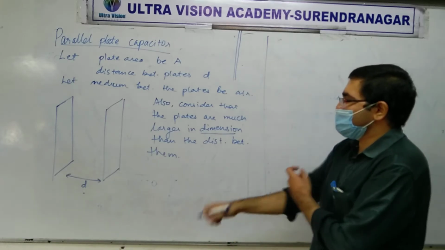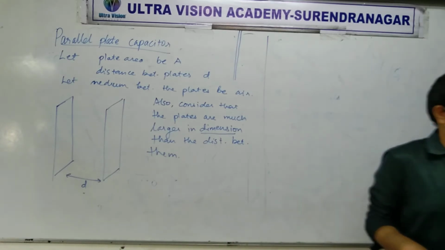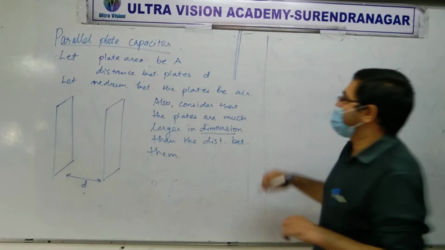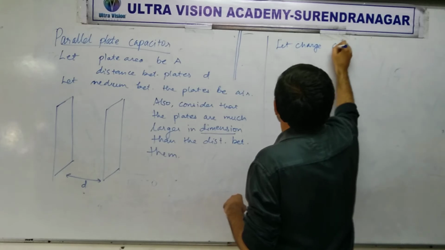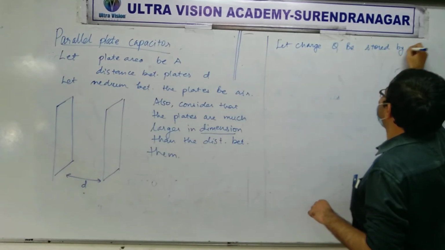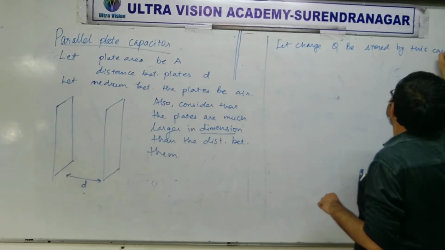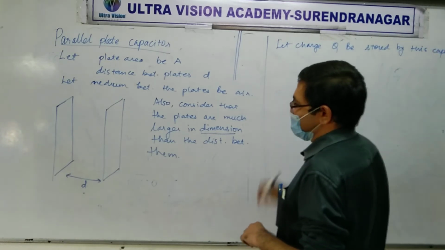Okay. Now what to do? Like I said, the first step of the plan is to assume charge Q. So let's write it. Let charge Q be stored by this capacitor.